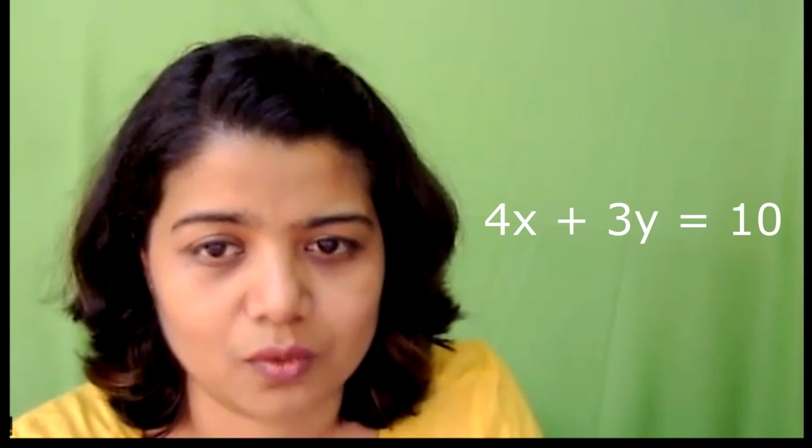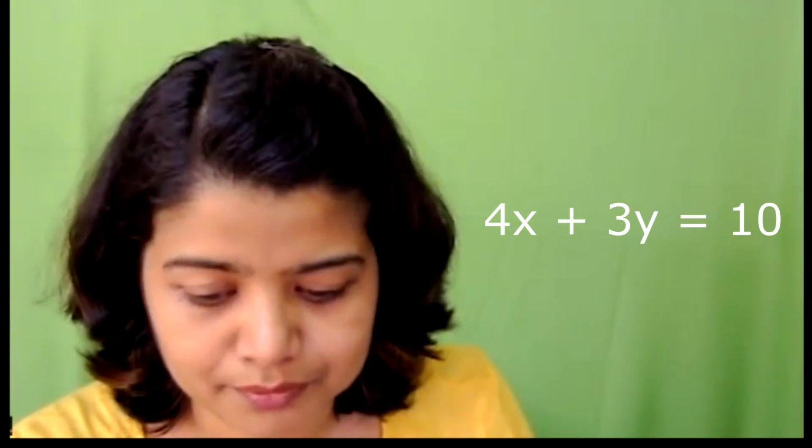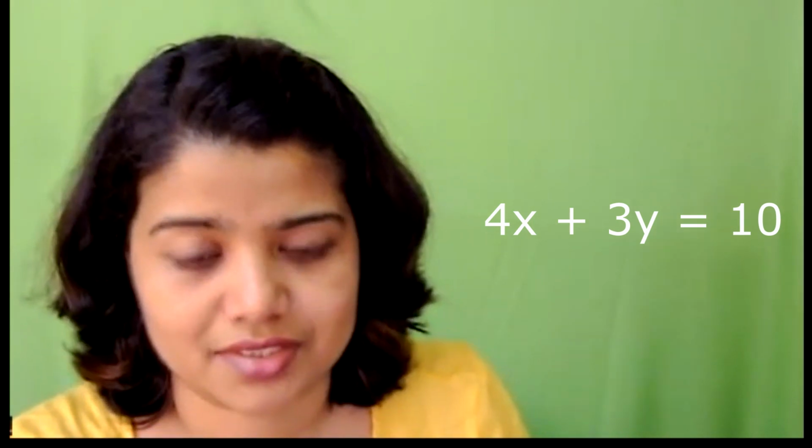So it can be 9, it can be x, and it can be 9x. In the equation 4x plus 3y equals 10, 4x is a term, 3y is a term, and 10 is a term.